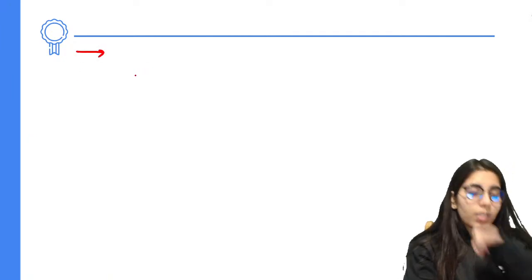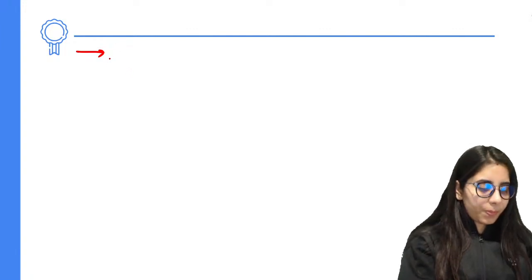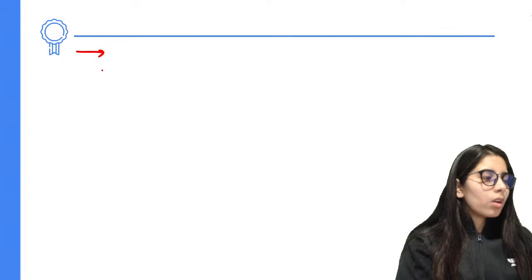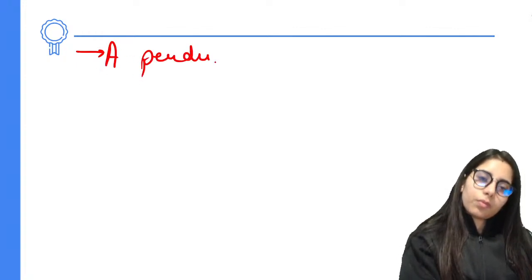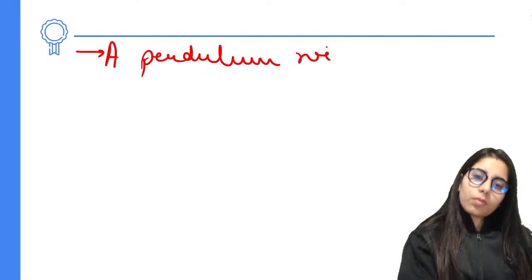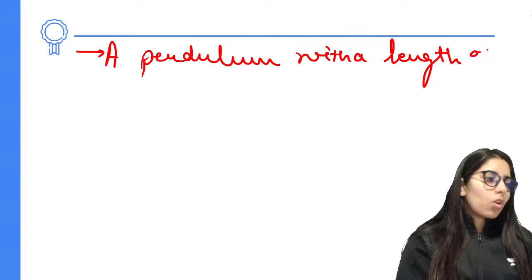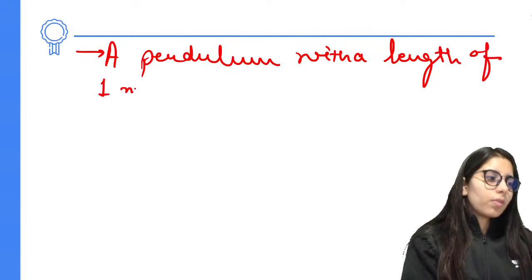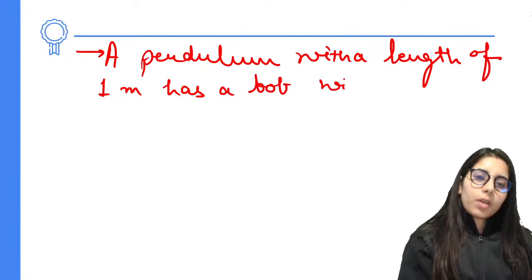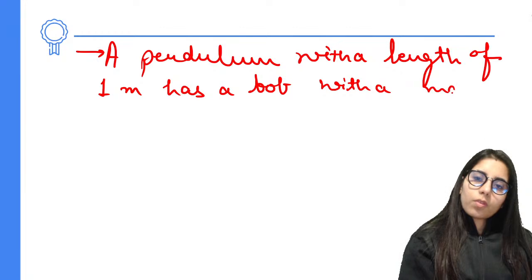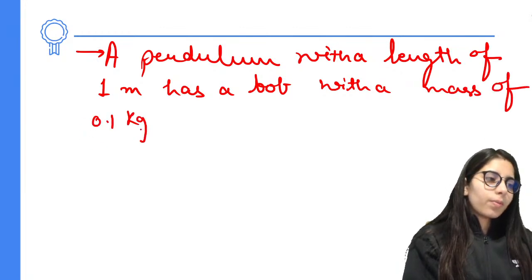So the next question is: a pendulum with a length of 1 meter has a bob with a mass of 0.1 kg.